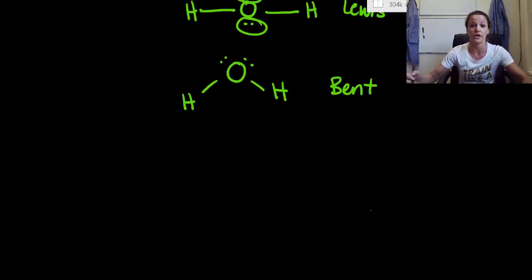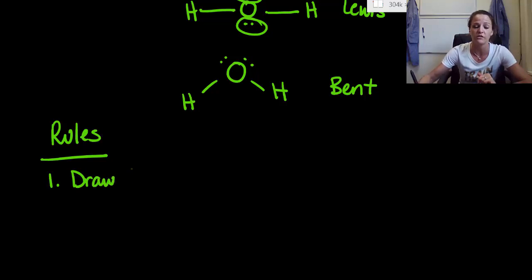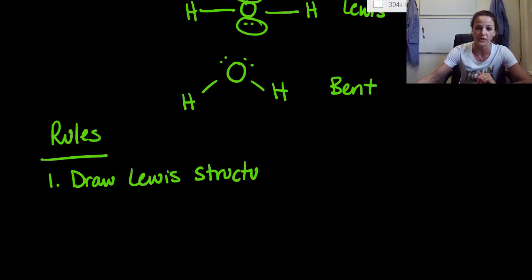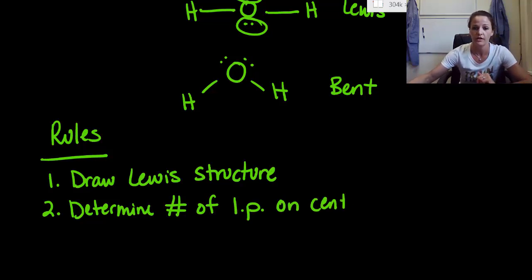So let's go through here and assign some rules of everything I want you to follow for this course. First things first, whenever I ask you to give me a geometry, the first thing you must do is draw out your Lewis structure. You must draw it. Without a Lewis structure, you're not going to get where you need to go. Number 2, you need to determine your number of lone pairs, LP, on the central atom.